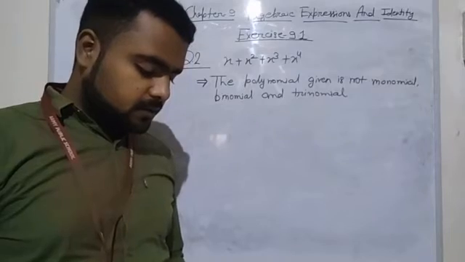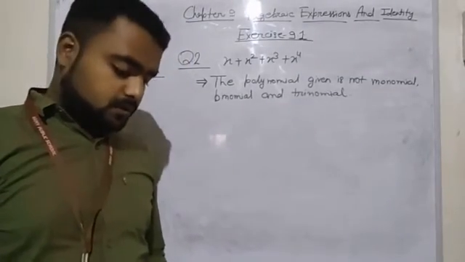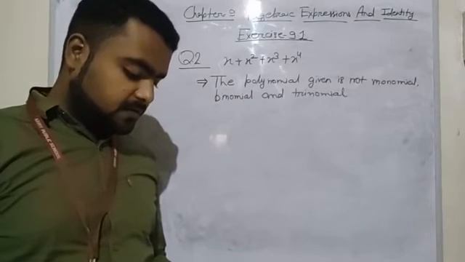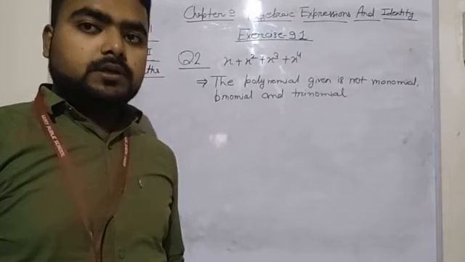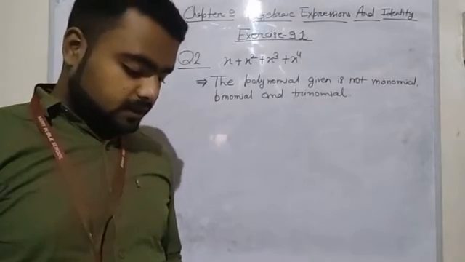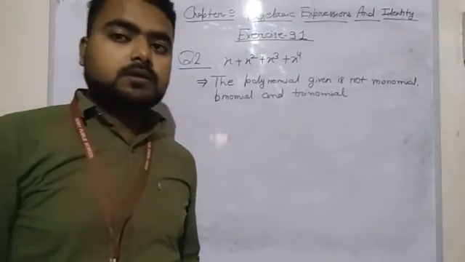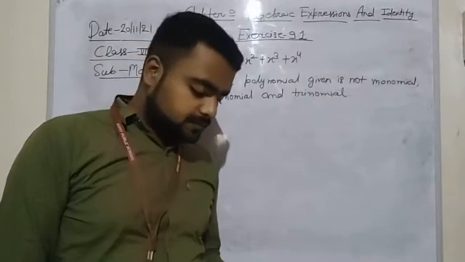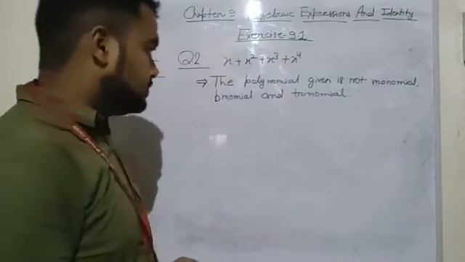And 2y minus 3y square plus 4y cube. There are three terms, so it is also a trinomial. And 5x minus 4y plus 3xy. There are also three terms, so it is also a trinomial. And after that, 4z minus 15z square. There are two terms, so it is a binomial. And AB plus BC plus CD plus DA.